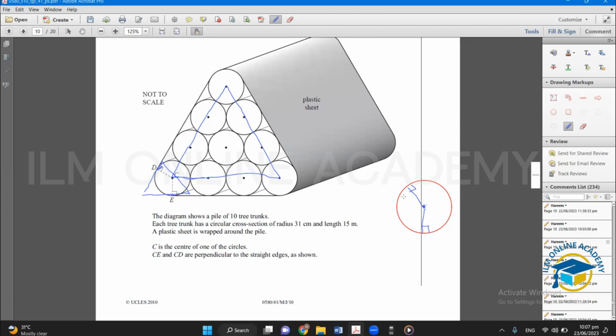If you extend this line and this line, then extend this thing as well, pardon my drawing, this is the scenario.